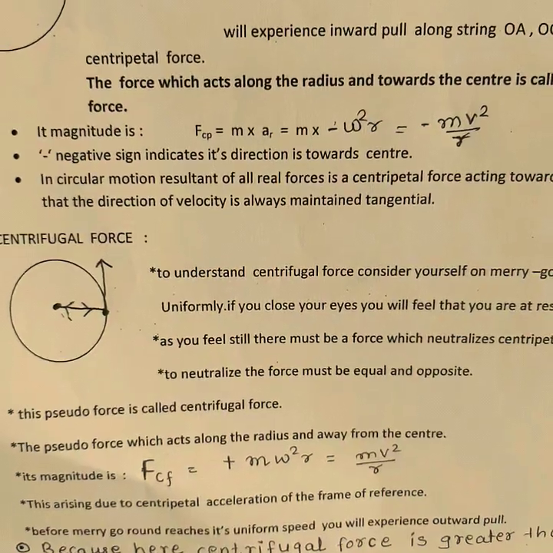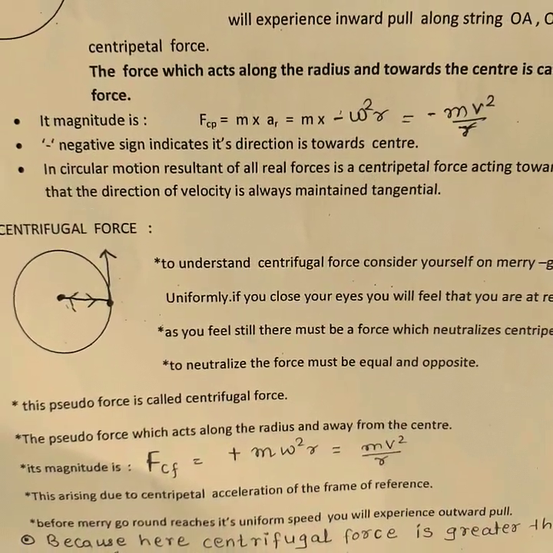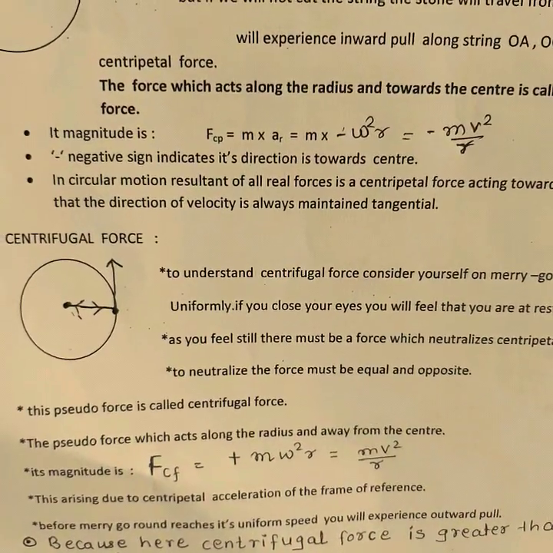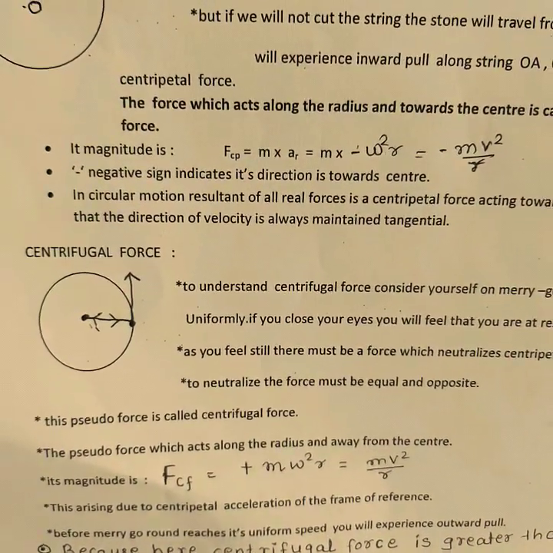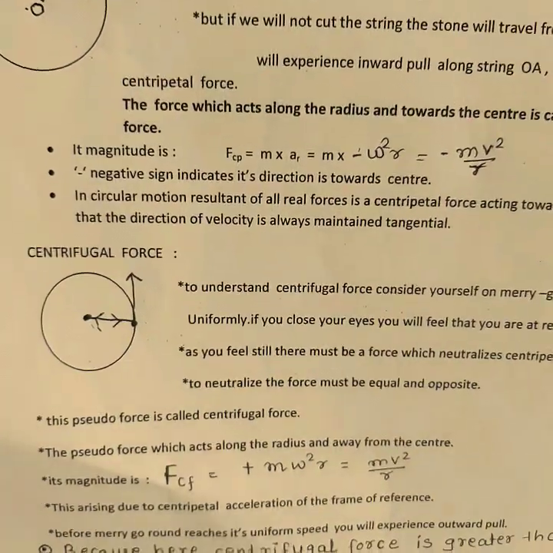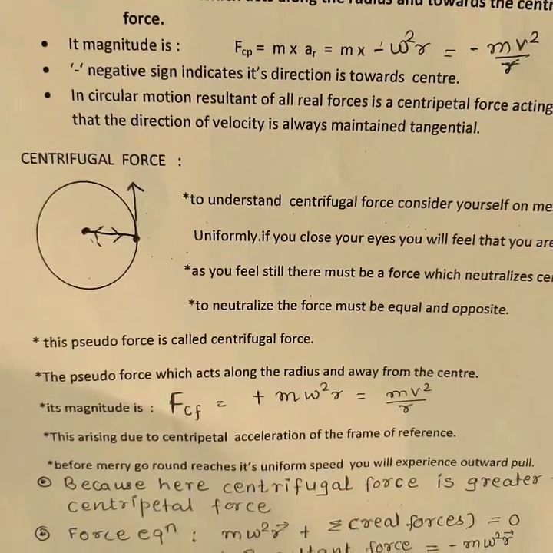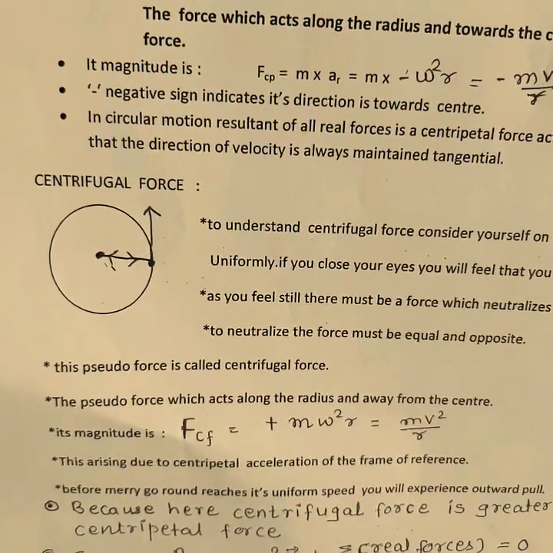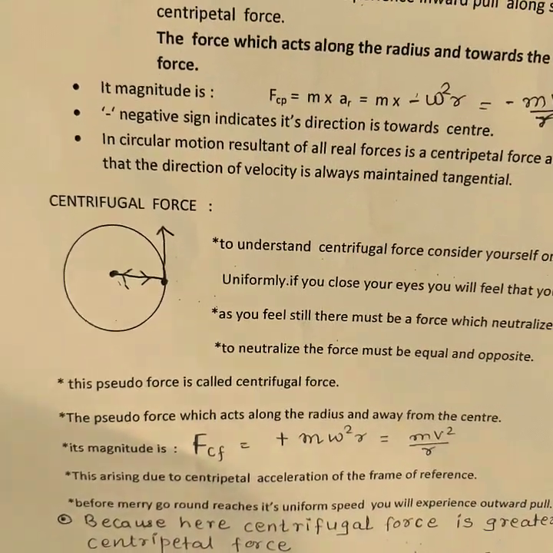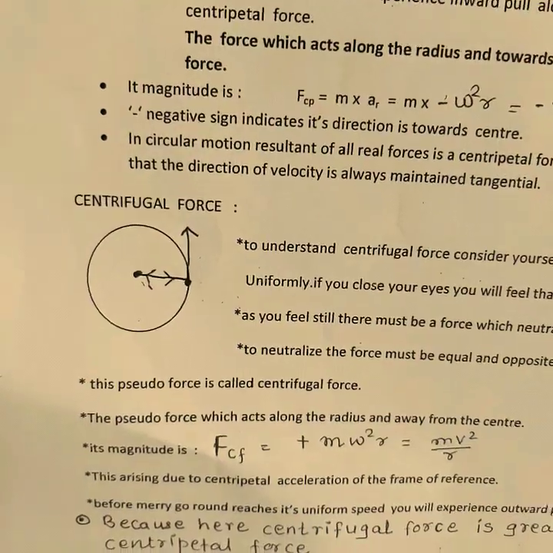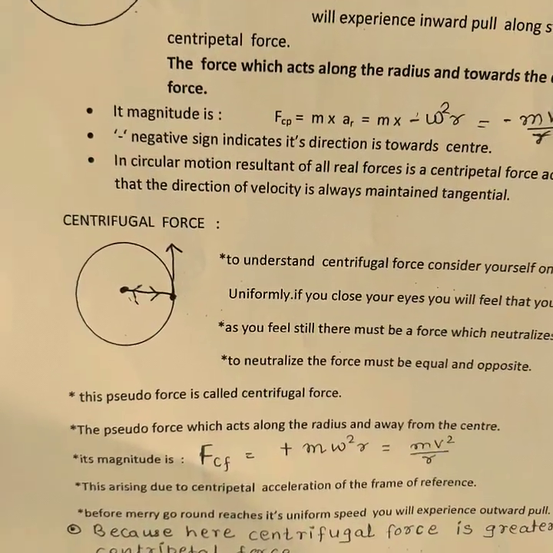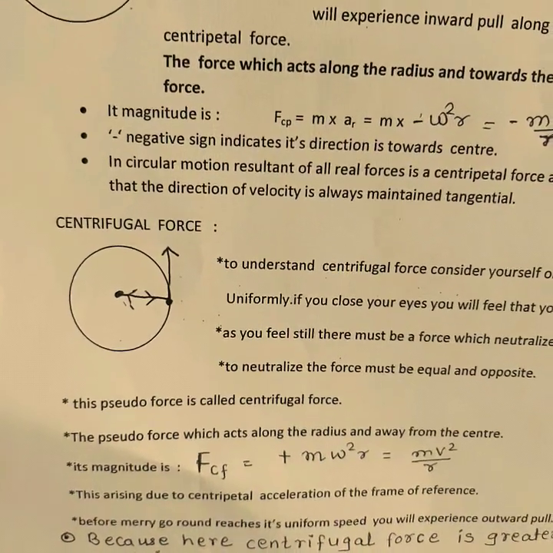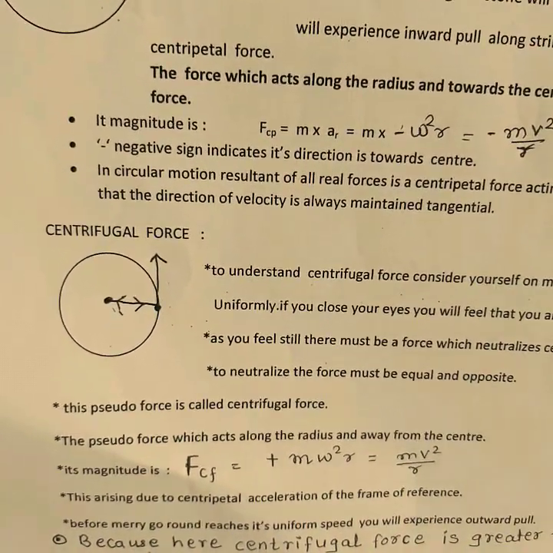And because it is away from the center, it is denoted by the positive sign. The magnitude of centrifugal force is the same as that of the centripetal force. Only it is directed in the opposite direction, away from the center. So centripetal force is towards the center and centrifugal force is away from the center.